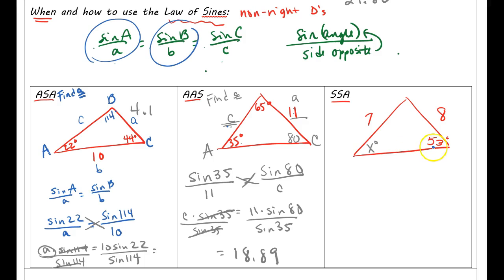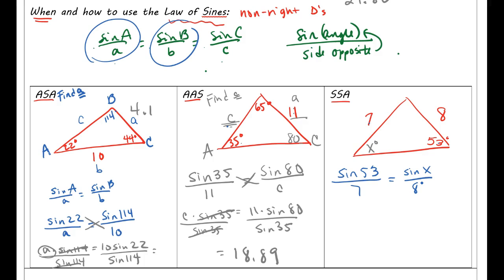I really am accustomed now to just looking for angles and opposites. So for me, I don't care if they're A, B, or C. I would immediately start with, I know the 53 degrees, and I know the guy across from it. So I would start with that is equal to, I'm looking for this angle, so sine of X, because I don't know that, opposite the 8. And that would be how I set this one up.